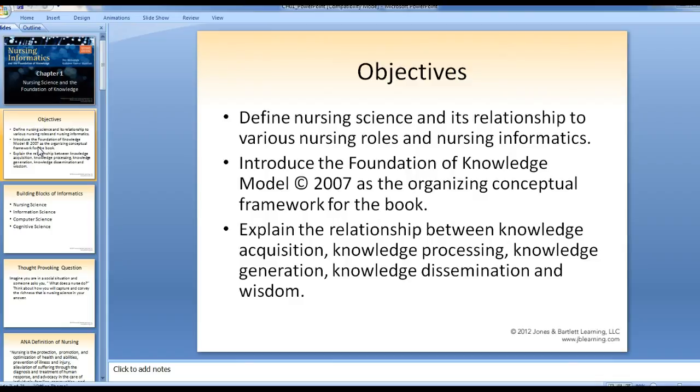So the objectives for this class. The first is we're going to define nursing science and its relationships to various nursing roles in nursing informatics. So how does the science of nursing, the approach of the nursing foundation, affect the way we share information and its relationship to our roles in nursing? When people ask what's the difference between a nurse and a doctor, obviously there are lots of differences, but basically it's the way we're trained.